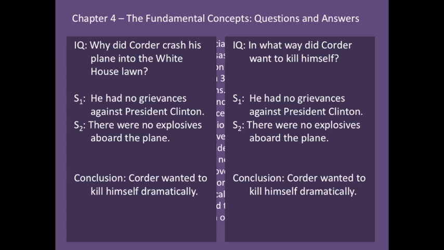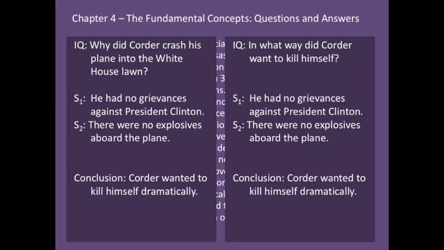Now, if we look at the first interpretation on the left-hand side of the screen, the question is, why did Corder crash his plane into the White House lawn? And notice that facts about Corder's attitude toward President Clinton and the fact that there were no explosives aboard his plane point toward the conclusion as a good answer to the implicit question. There's a fit between the support and the conclusion. The support helps to make sense of the conclusion.